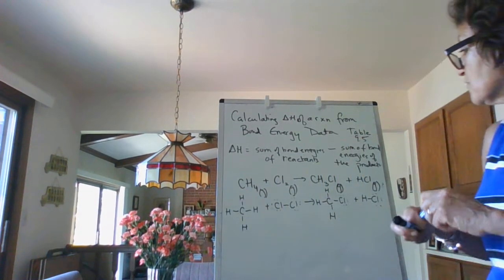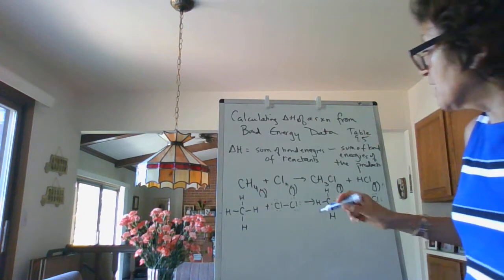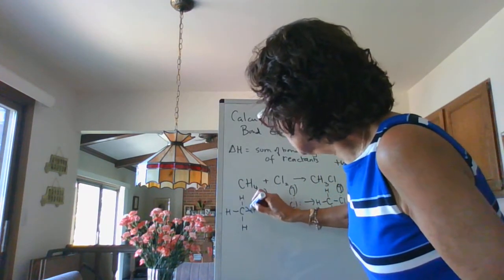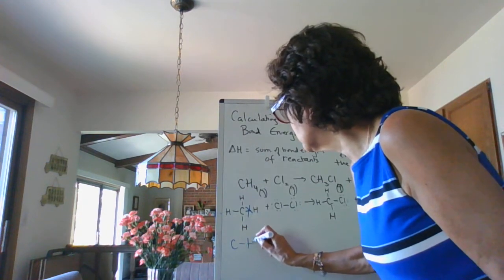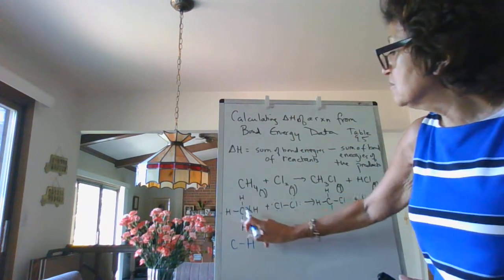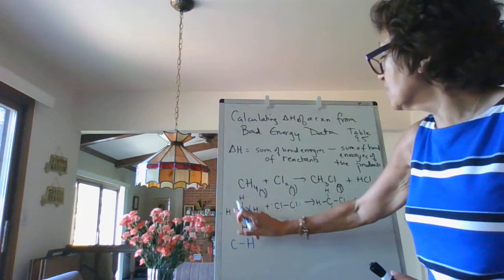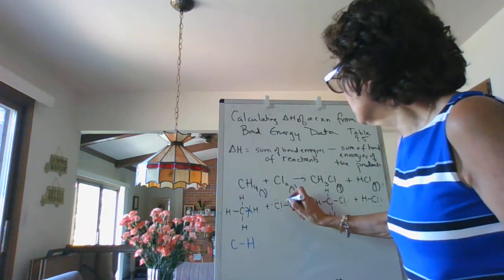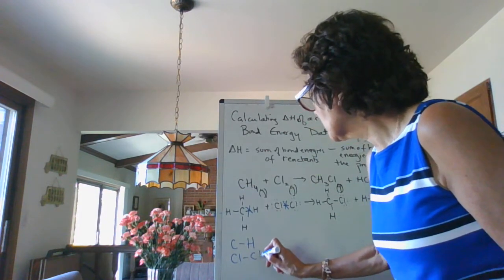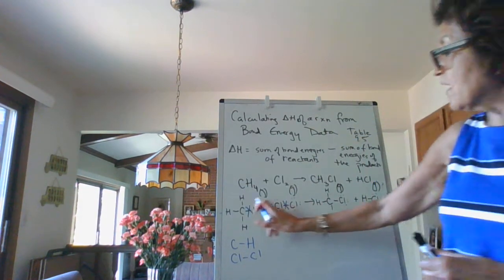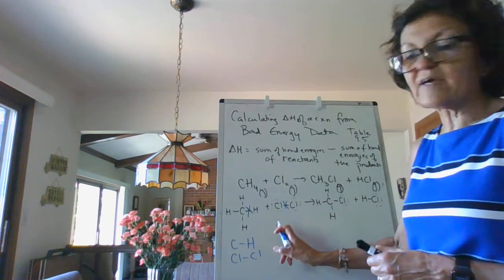So you can see what's going on here. You are going to be breaking one carbon-hydrogen bond, okay? So we're going to break a carbon-hydrogen bond. We don't have to worry about these guys because we're not touching them. And we're breaking a chlorine-chlorine bond. Okay, so these are the reactants, these are the things that we're going to change in the reactant side.